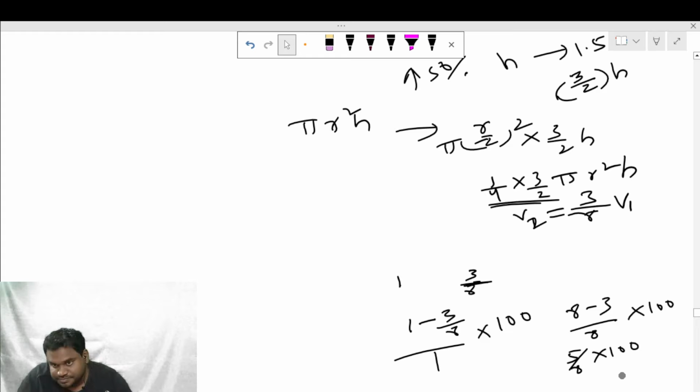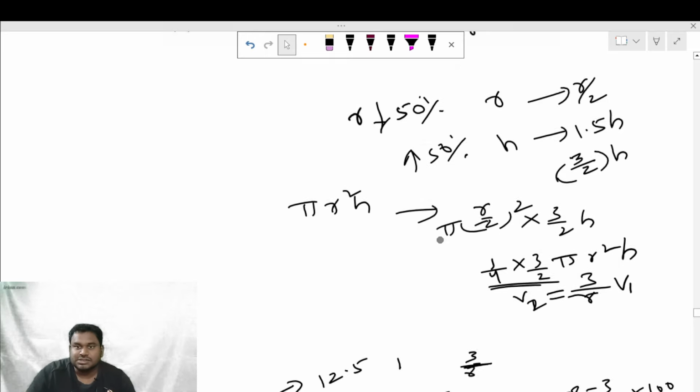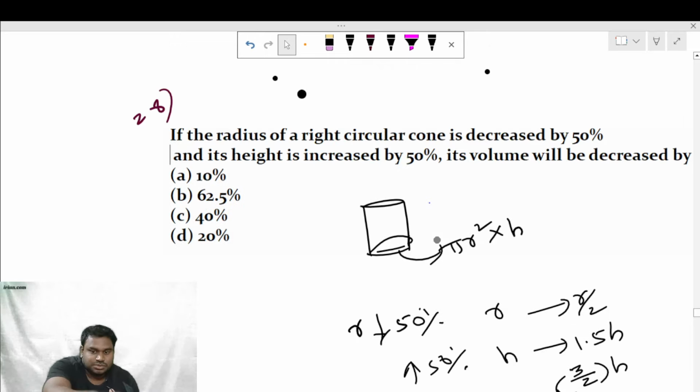We know 1 by 8 is 12.5%, I told you. So into 5 times: 5 into 12 is 60, 5 into 0.5 is 2.5. So 62.5% is the answer, option 2.